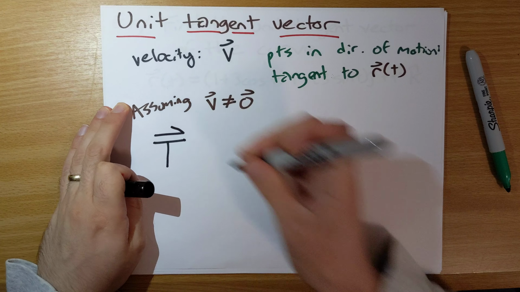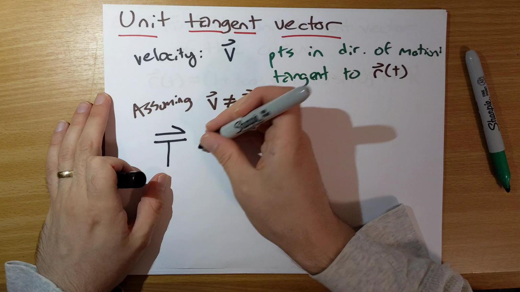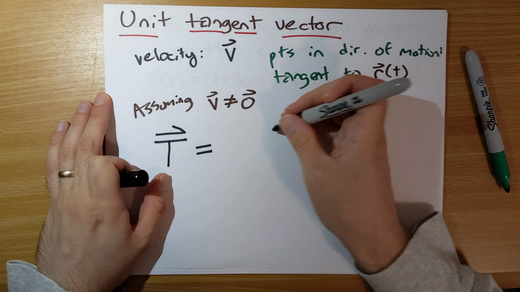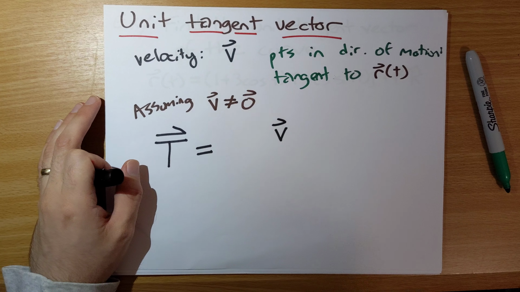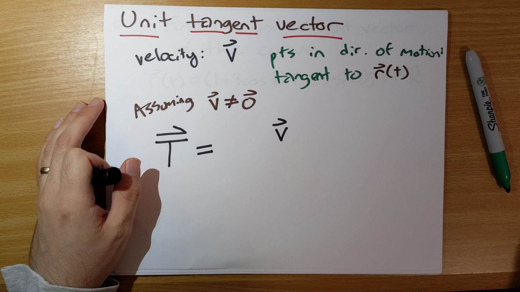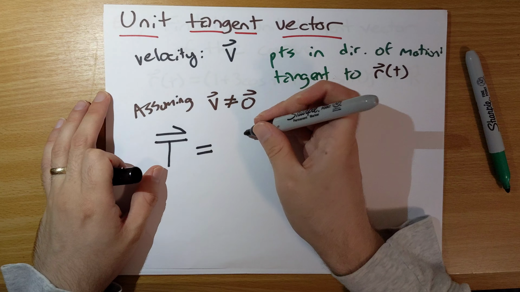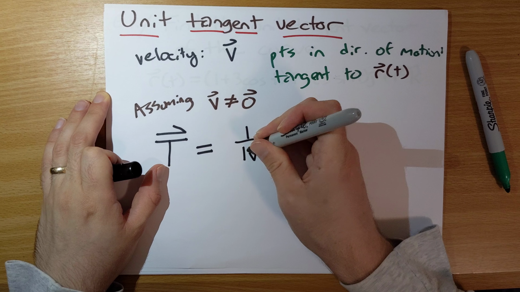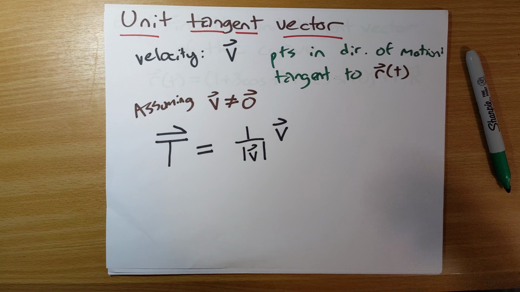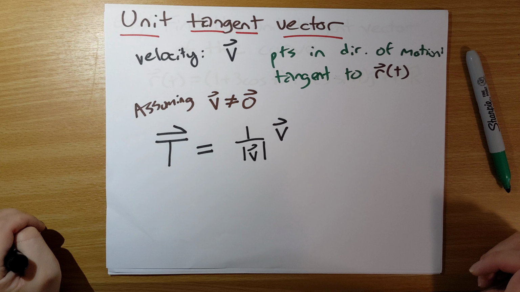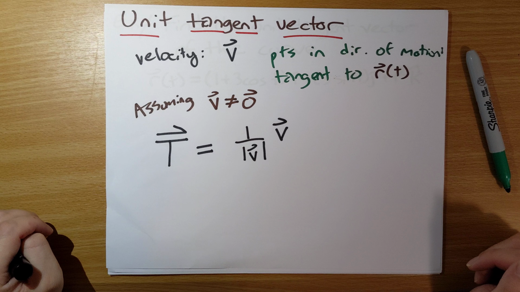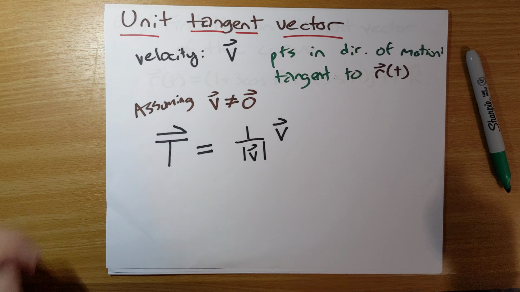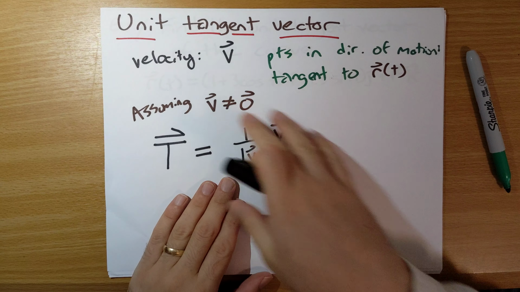So this right here, T, is the unit tangent vector, and it's defined as the velocity vector v, the tangent vector, divided by its magnitude. This is how you take a vector and turn it into a unit vector that is pointing in the same direction. And so sometimes we care about this unit tangent vector.